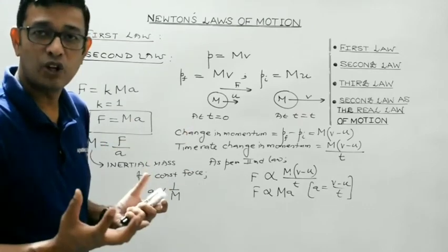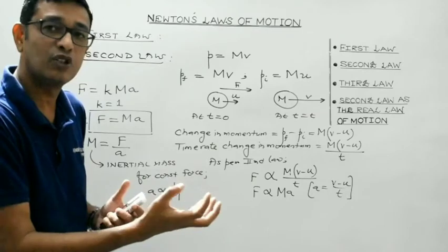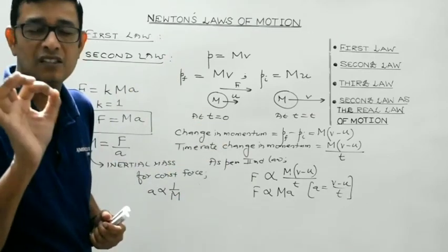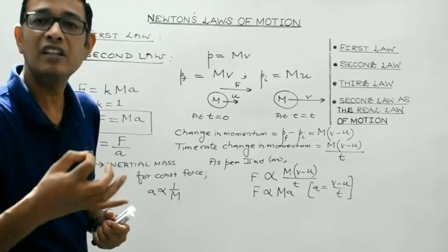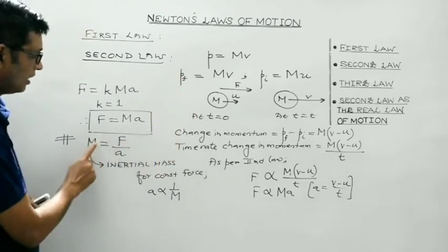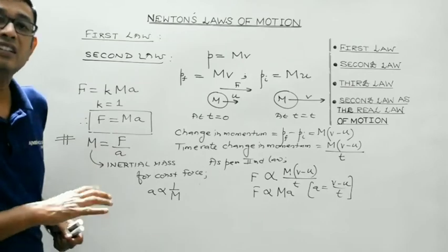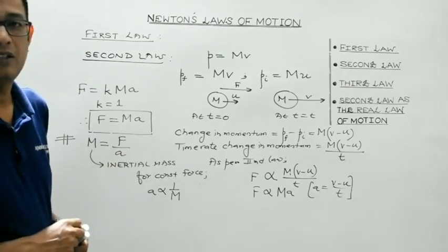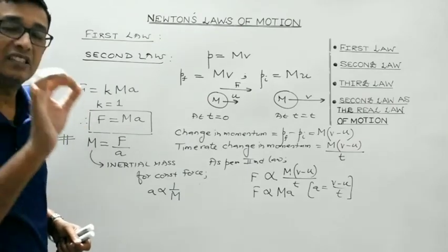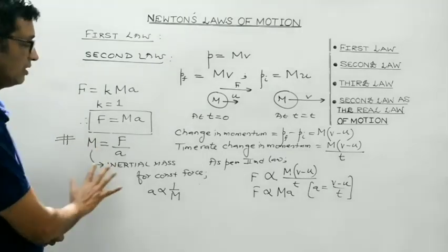So the heavier body possesses more inertia, more inertness, as compared to lighter bodies. Right? And we have discussed that mass is the physical quantity which measures the inertness of a body. So that is the reason why the mass of a body measured by this formula is known as the inertial mass of the body, because this mass tells us about the inertness of that particular body. So this is the inertial mass.